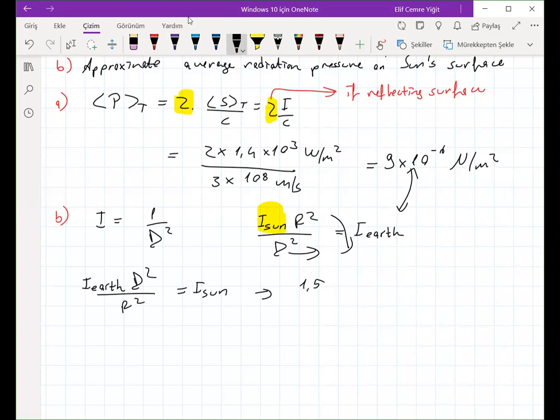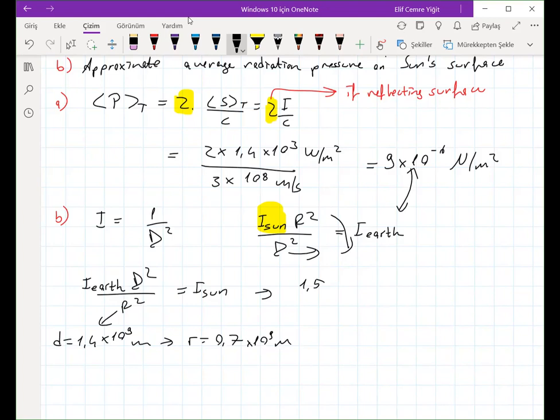1.5. For radius, be careful. We are given the diameter, and our diameter is 1.4 times 10 to 9 meter. So our radius will be 0.7 times 10 to 9 meter.